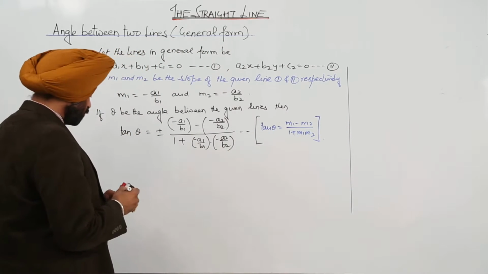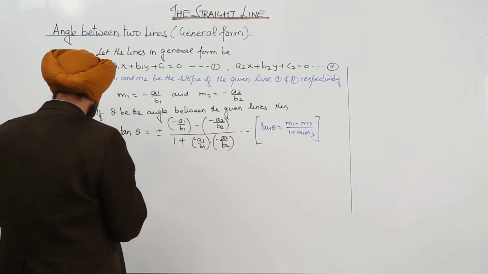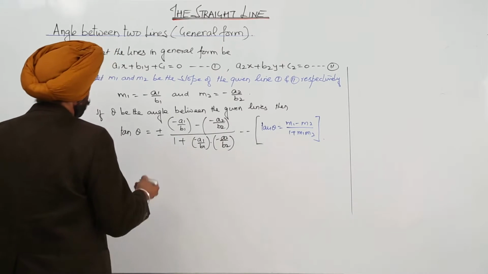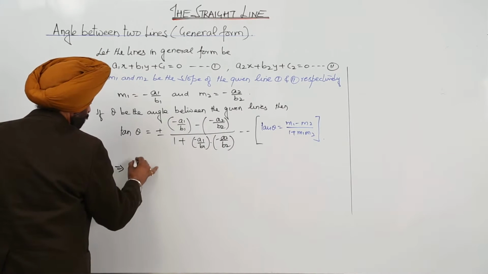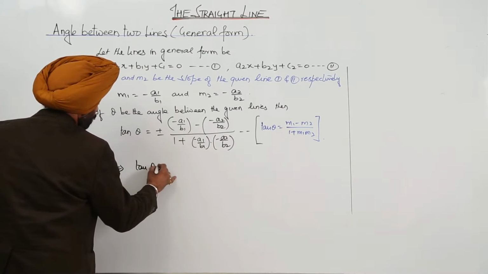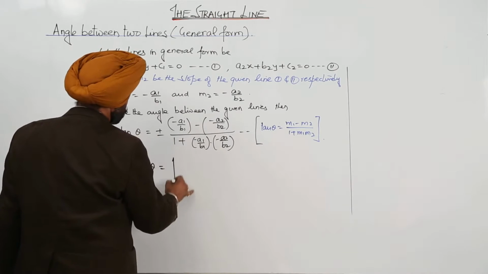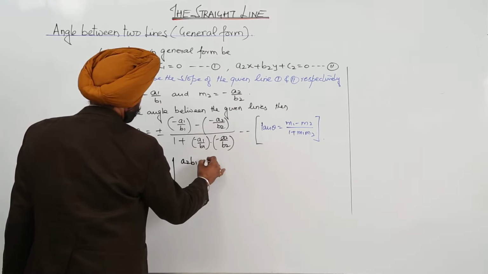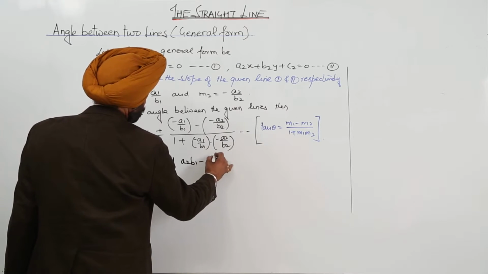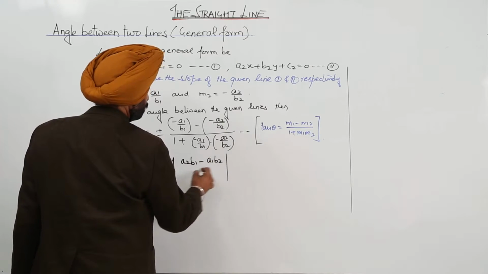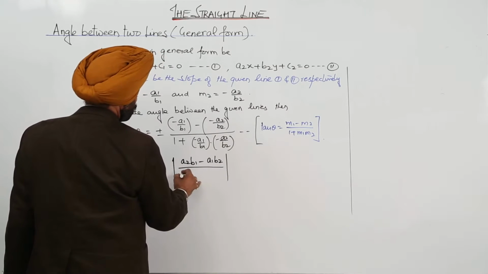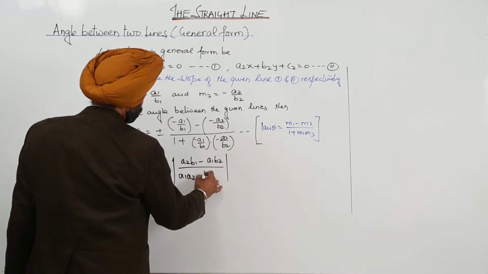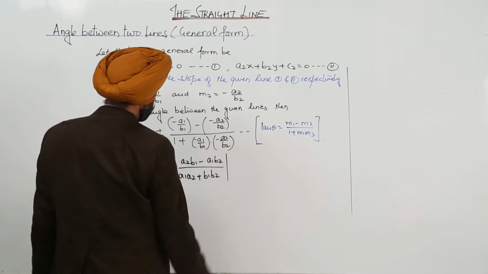Okay. So on solving, what are we getting? Tan theta is equal to a2 b1 minus a1 b2 upon a1 a2 plus b1 b2.